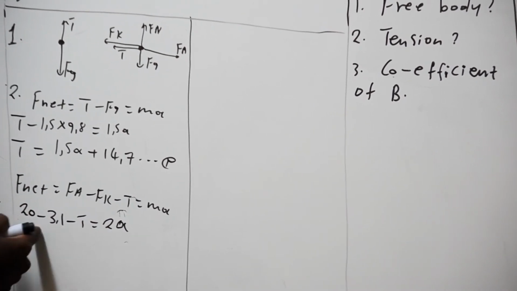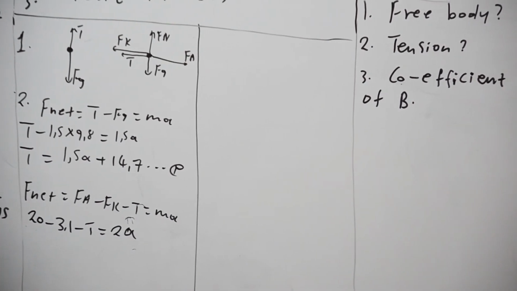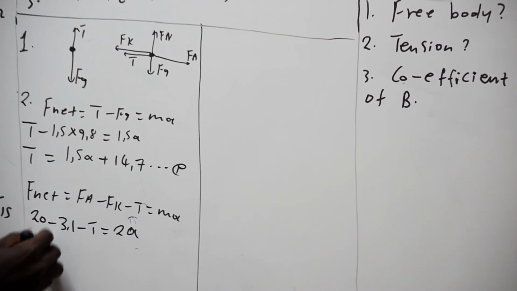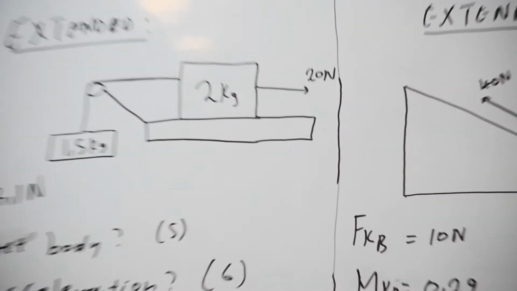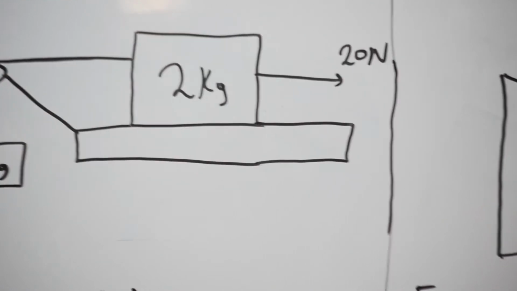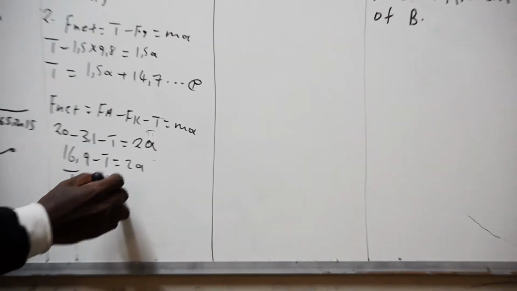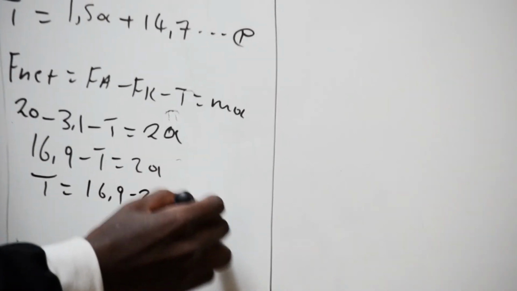So 20 minus 3.1 is 16.9, minus tension equal to 2a. So your tension is equal to 16.9 minus 2a. That is my equation 2.